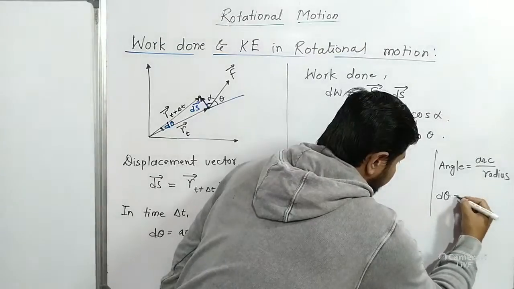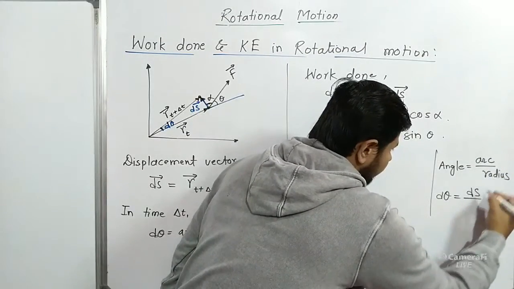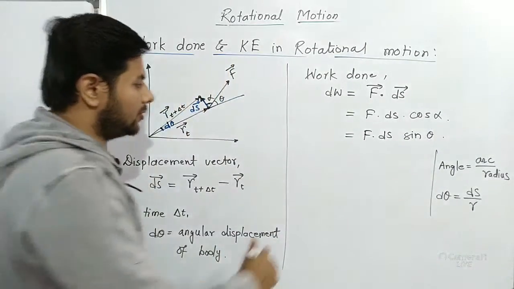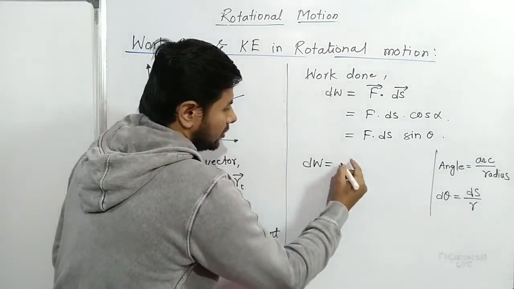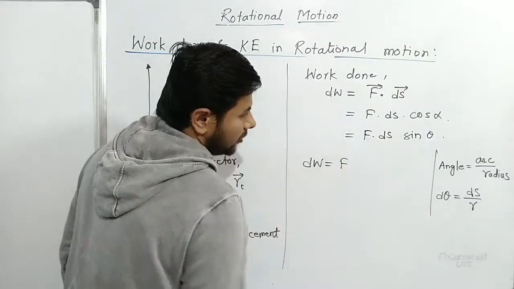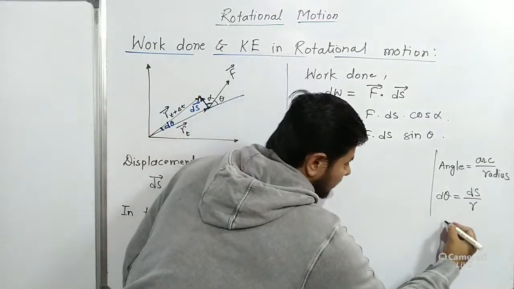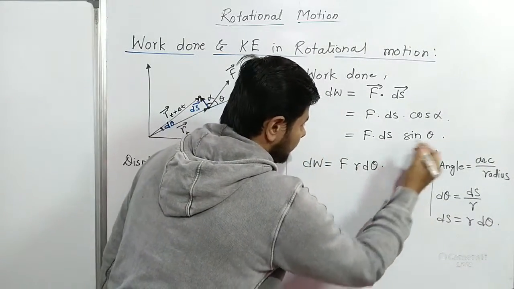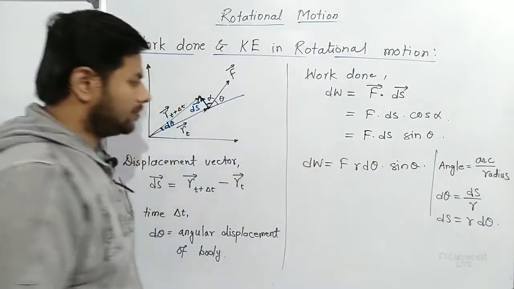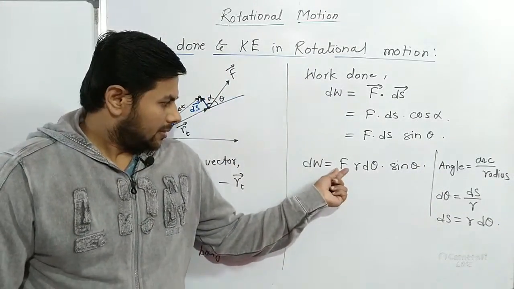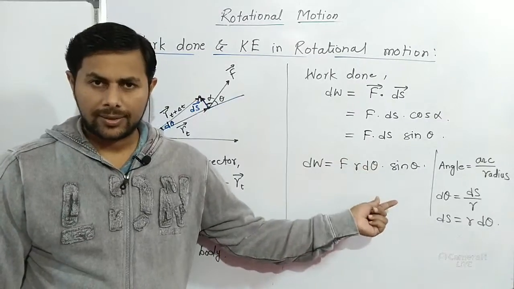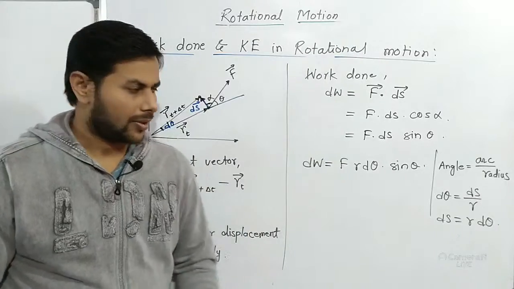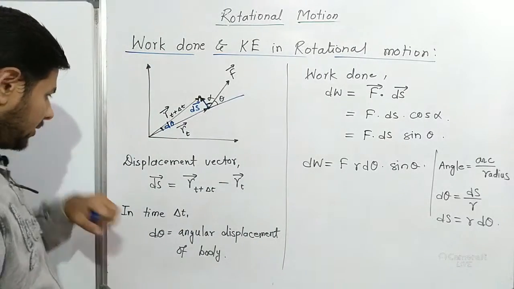So d theta equals arc length ds divided by r, and I can substitute it over here. So dw equals F into ds, and ds can be written as r times d theta. So r into d theta multiplied by sine theta, and if I multiply F with r, it can be written as the magnitude of torque.